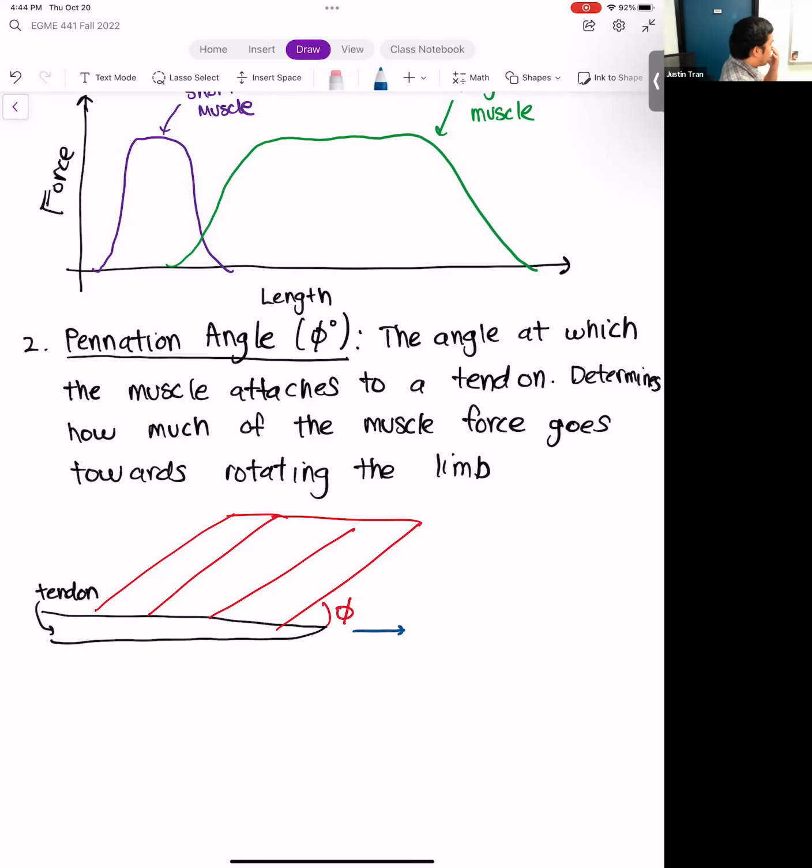Actually, this is a bit different than our static calculation. This goes back into muscle biomechanics.